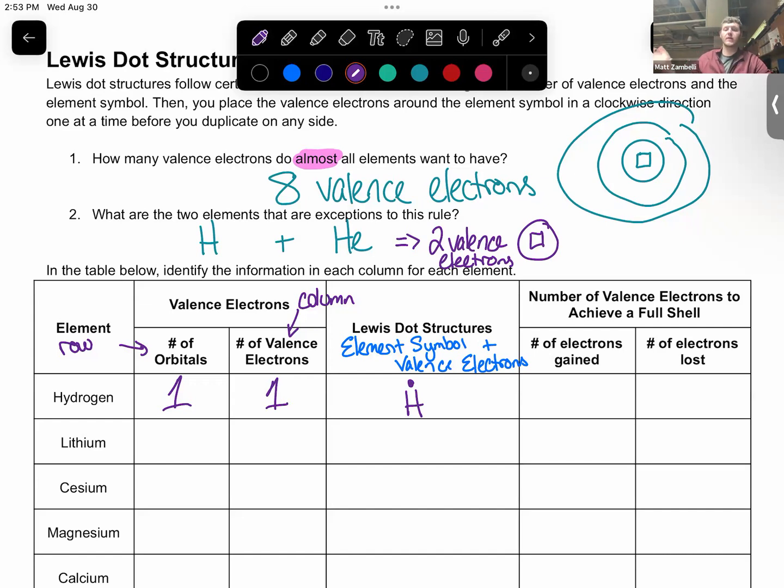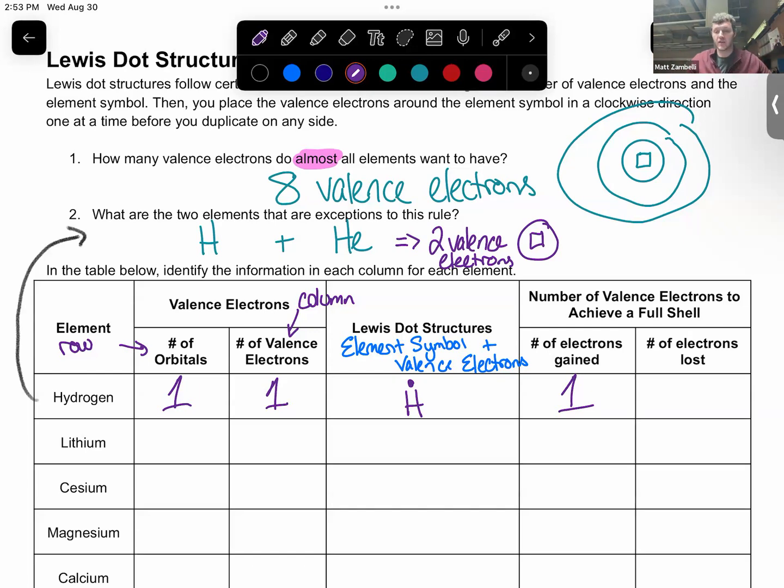Next, if we look at this box, this is to get a full shell. Remember, hydrogen is one of those exceptions where it only needs 2 valence electrons. So if we had one, it only needs 2. 1 plus what number gives us 2? 1 plus 1 gives us 2. So we need one more in order to have a full shell.